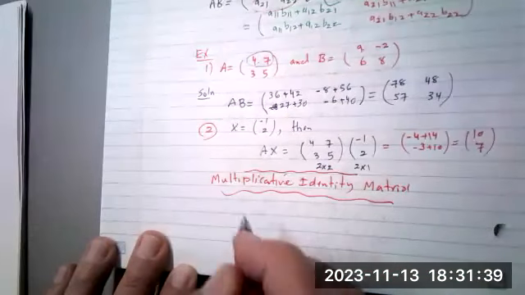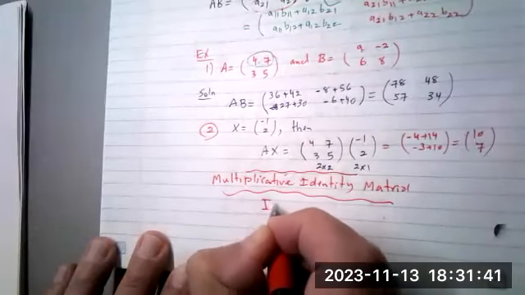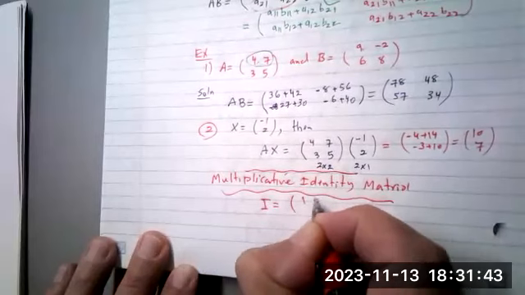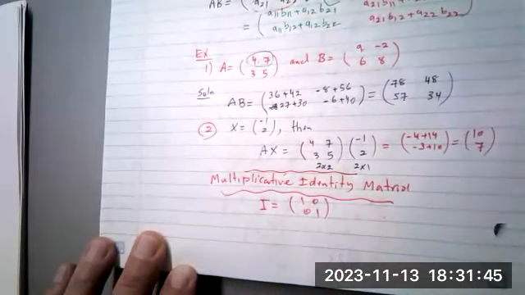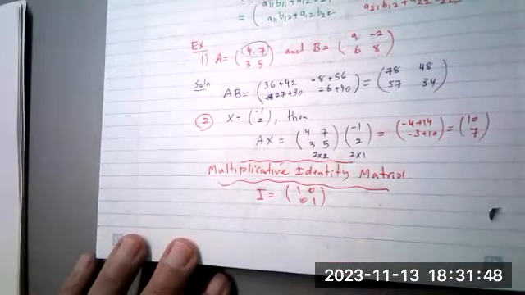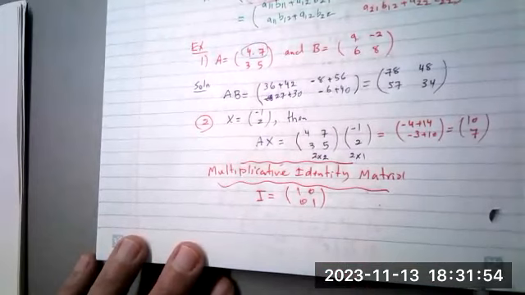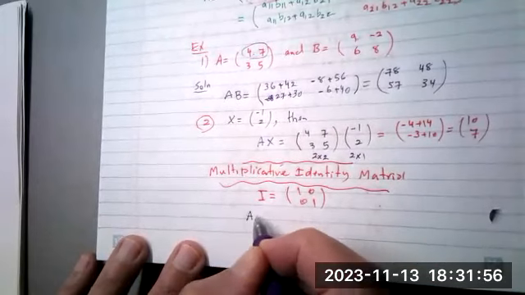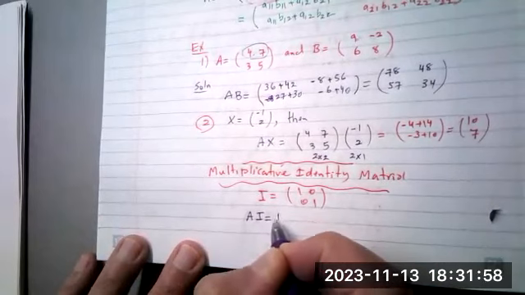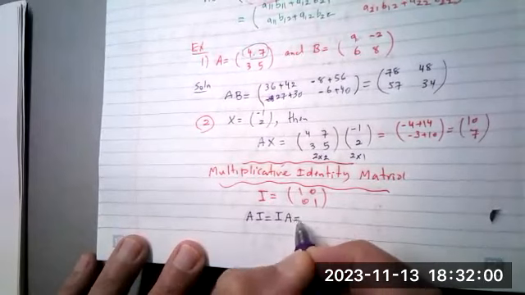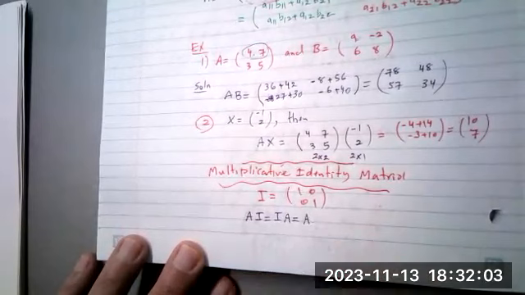We denote this one by I, and I would be 1, 0, 0, 1. The property of I is that when you multiply by any other matrix, it's going to be identical. Means A times I is equal to I times A, and it's equal to A all the time.